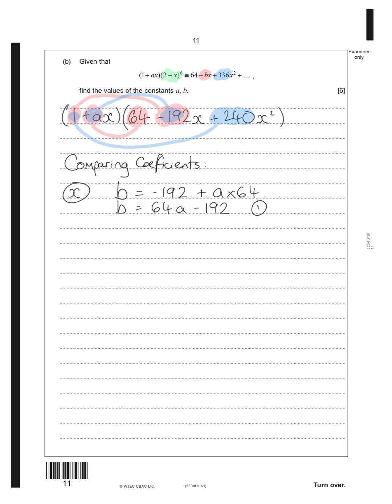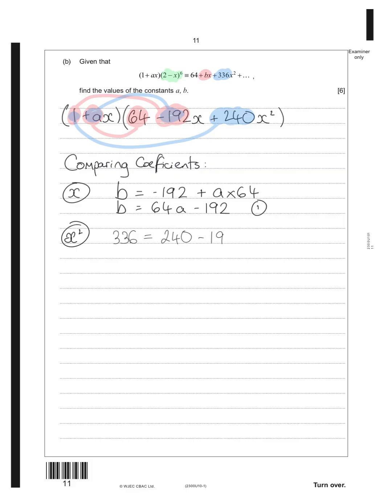So now I can write a second equation down. So I'm now looking at x squareds, and I can say that 336 is going to be equal to the product of 1 and 240 and minus 192 times a.